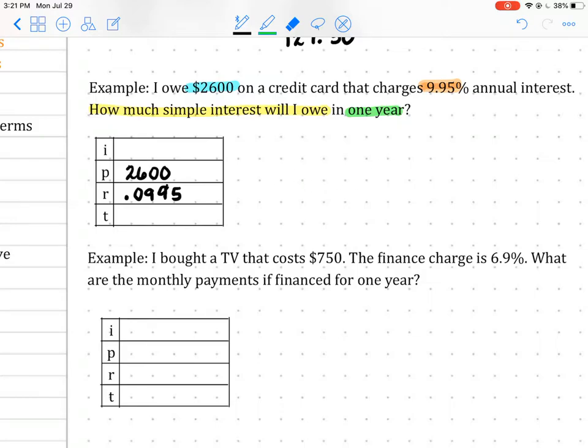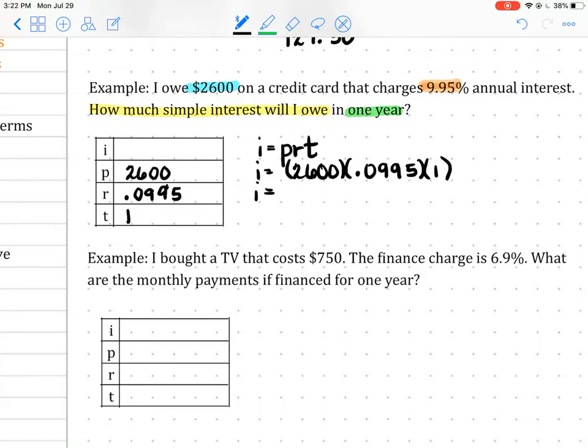1 year, as long as it's years, we're fine. We just put a 1 there. So interest equals principal times rate times time. 2,600 times that ugly rate, and I do realize that it's an ugly one, times 1.